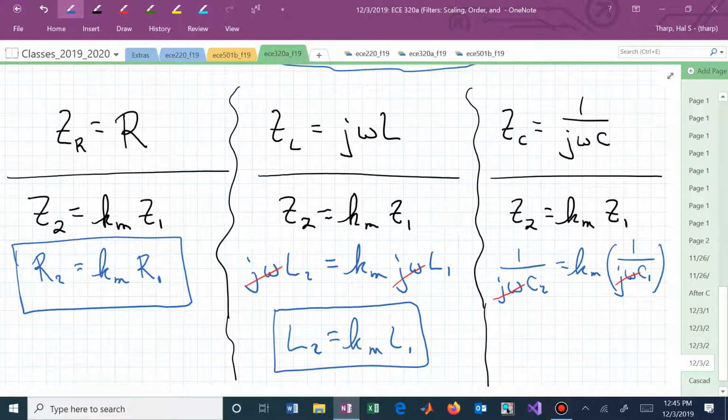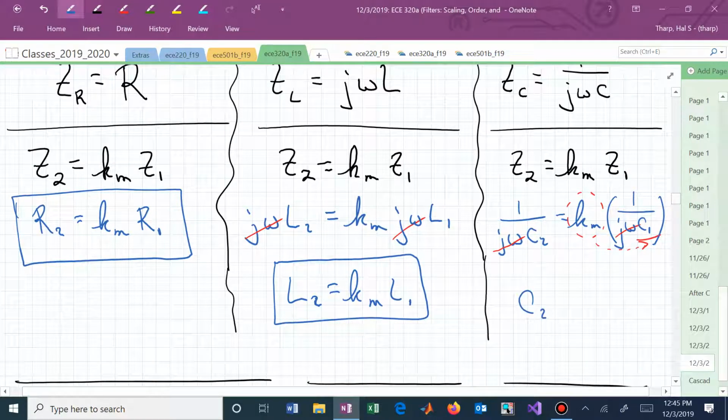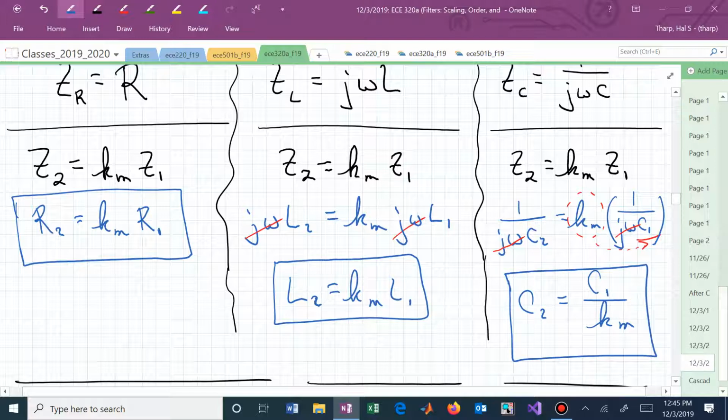If we solve for C sub 2, do you see that we could put this K sub m in the same location if we put it underneath C sub 1 on the right-hand side? If we now need to magnitude scale the capacitor, the final value of the capacitor is going to be C1 over K sub m. That's how we can magnitude scale capacitors.